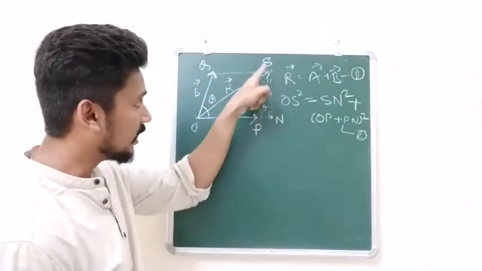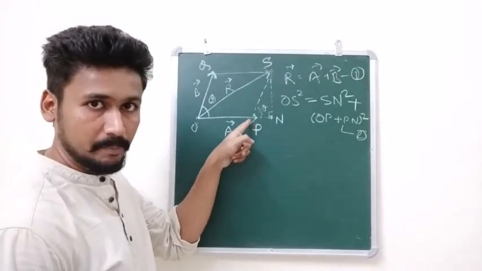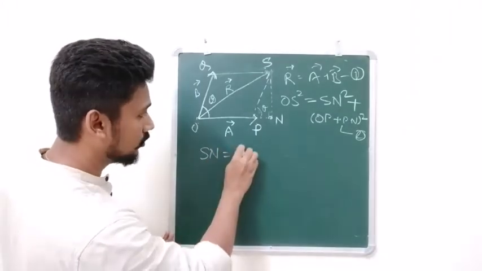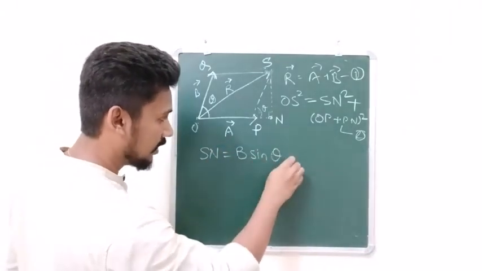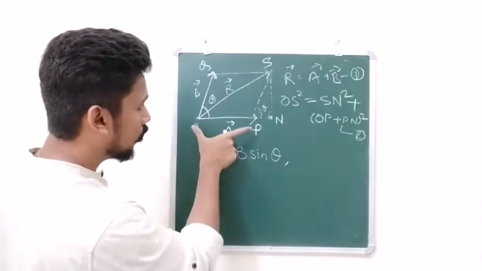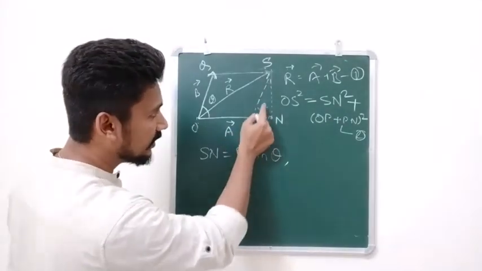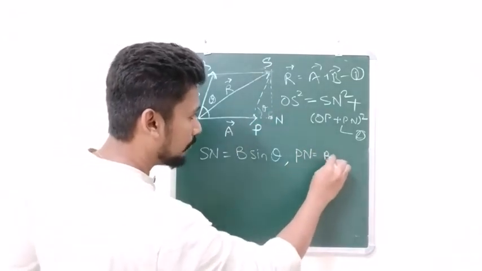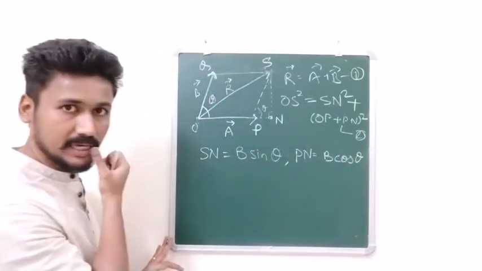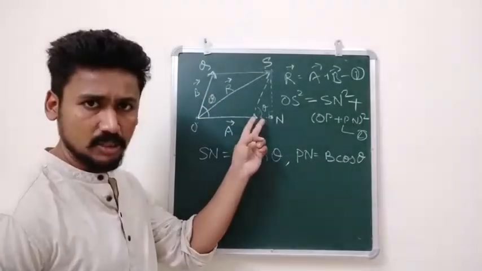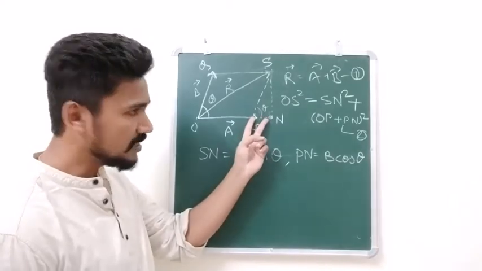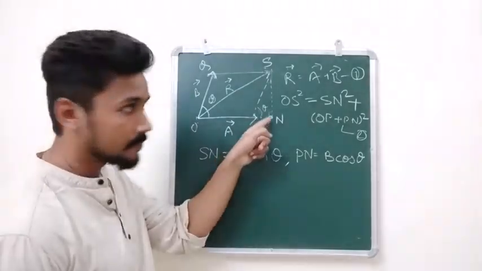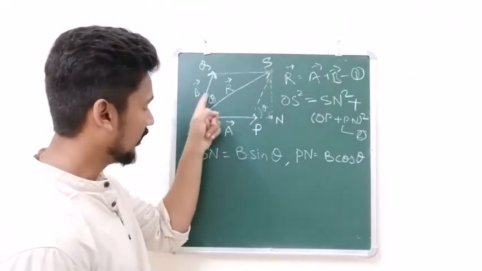Opposite is SN, hypotenuse is SP, that is nothing but B. So SN is equal to B sine theta, and we also know that OP is equal to A. And how much is PN? In the same triangle you can see that PN is equal to B cos theta. With just a very simple observation of trigonometry, you can easily figure it out. Cos theta is adjacent upon hypotenuse, adjacent is PN, hypotenuse is B, that is nothing but the vector B.